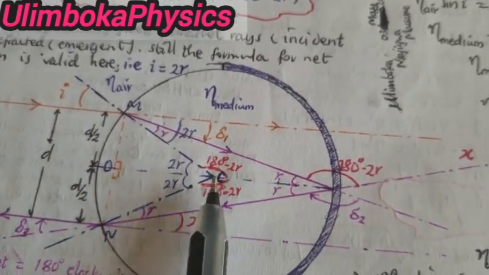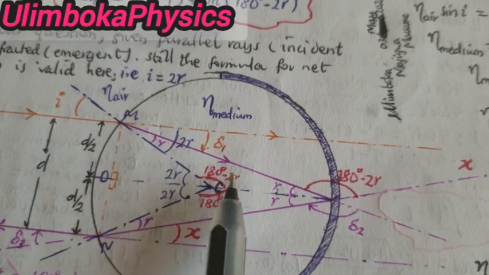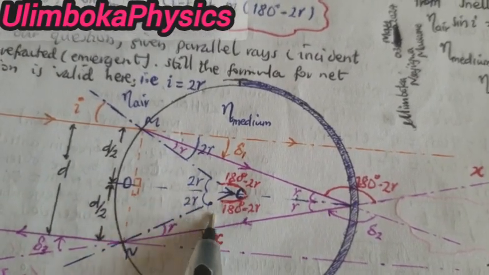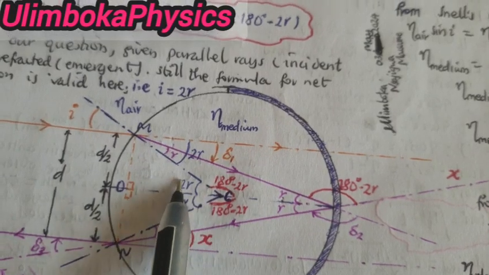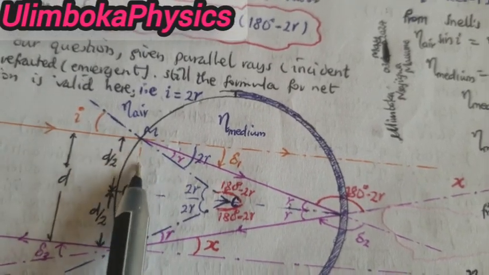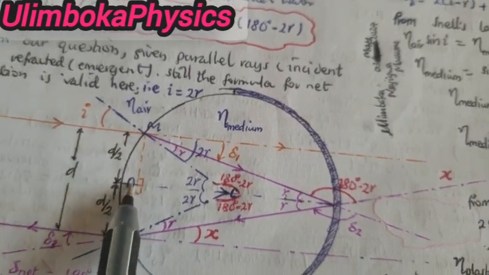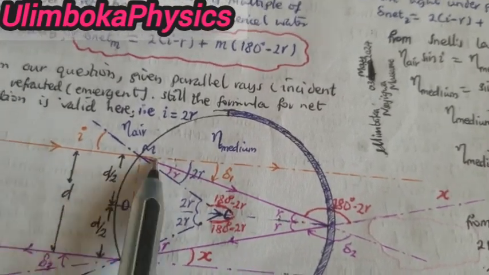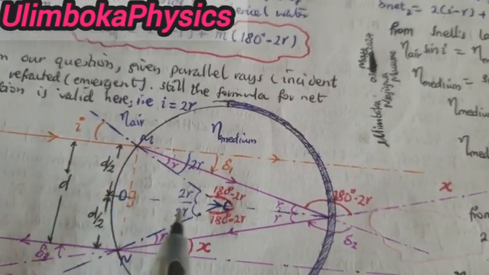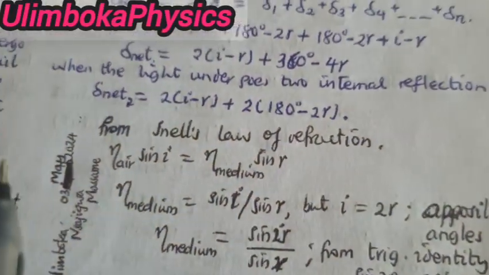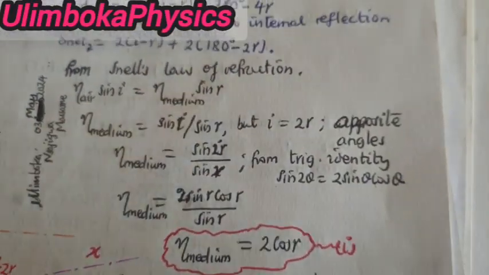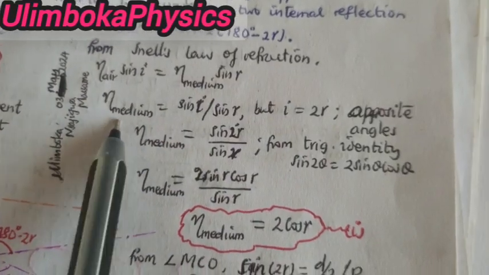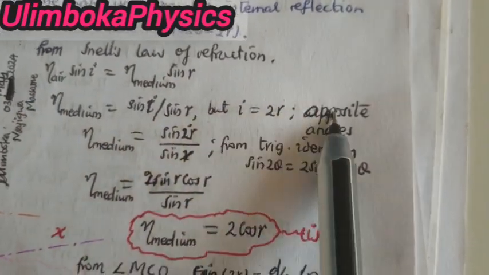And therefore, from our question, remember this is radius, and this is radius. When this is 180 degrees minus twice r, the remaining angle here will be twice r, and the remaining angle here will be twice r. And we put the dotted line and meet at point O, to complete the triangle OMC. Let us consider these two triangles and apply Snell's law of refraction for air to medium, where the medium is what is required, but I is equal to twice r.